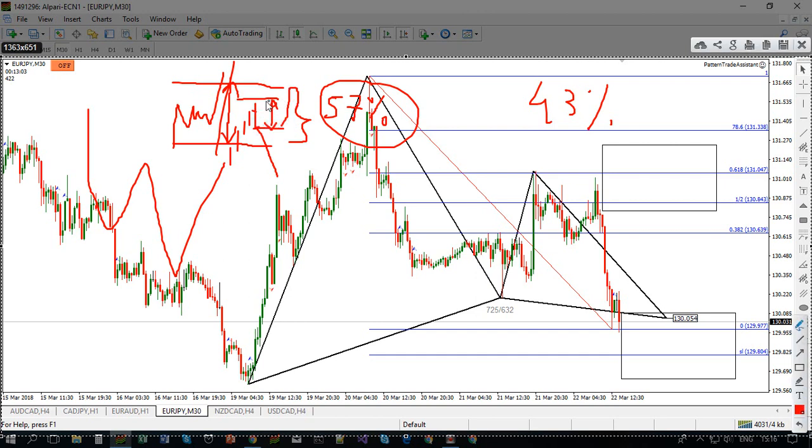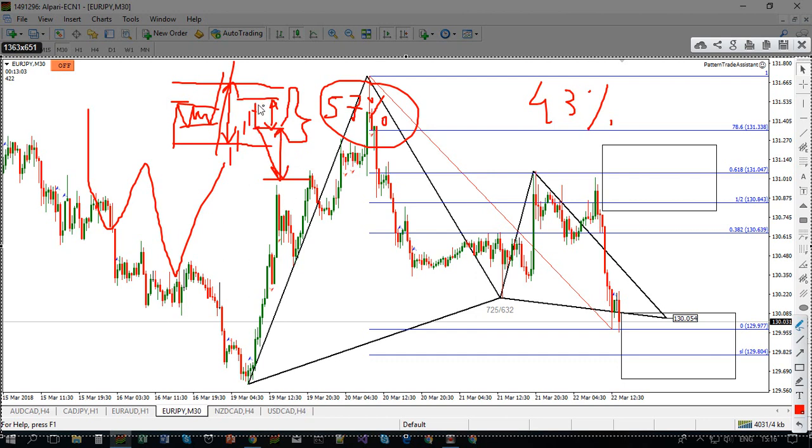Because if price goes higher than this top, it confirms that your reversal was a false reversal. It was something from this area, yes? So price went higher and it confirmed that your reversal was a false reversal. So you only risk this distance and your risk to reward is increased radically.